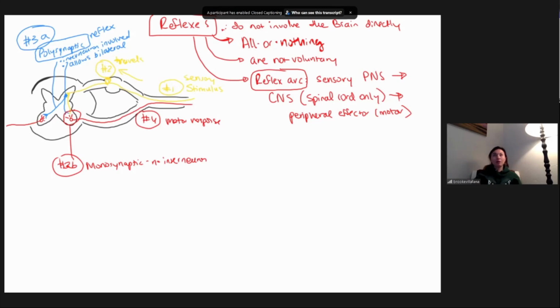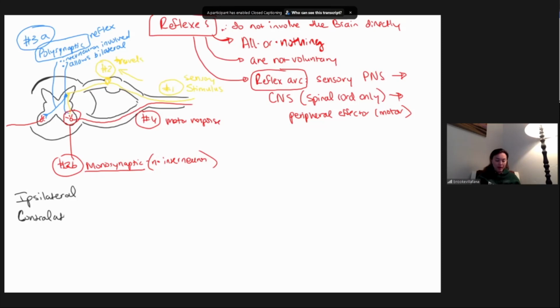So if I touch a hot burner and I was going to put both hands on the stove, this will pull both hands back. Versus a monosynaptic, maybe I just need to pull one hand back, so it's just going to do that one side. A monosynaptic has one synapse and involves no interneuron. A polysynaptic has more than one synapse, so it's going to involve the interneuron, and you can kind of see that in the picture.